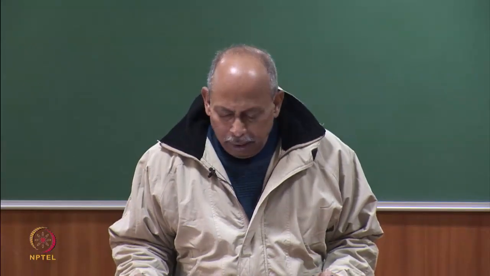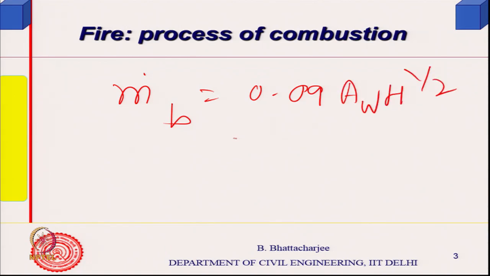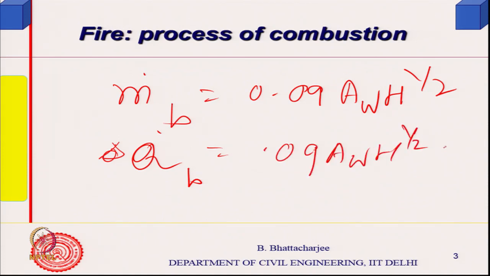If I know the rate of burning, m dot b, which is the rate of burning of the fuel, which I said is 0.09 A W h to the power half, then the amount of heat generated, the rate of heat flow, would be 0.09 A W h to the power half into delta Hc.